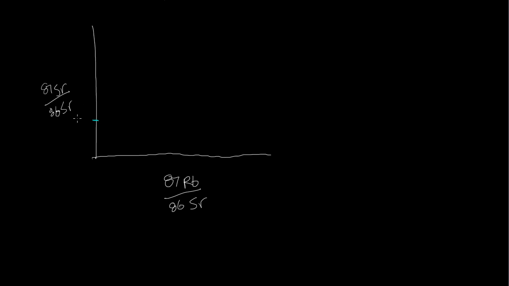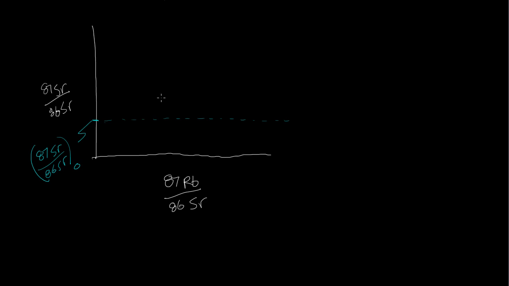Let's let this value in blue represent the initial ratio of 87 to 86 strontium. And we're saying that these two compositions had to have exactly the same initial ratio of strontium-87 to strontium-86. So they both need to have plotted initially along this line. We'll come to that in a second.